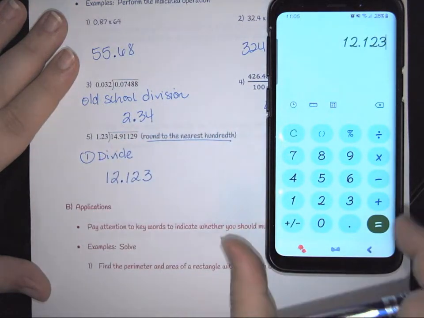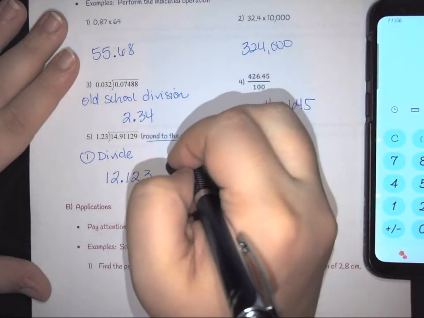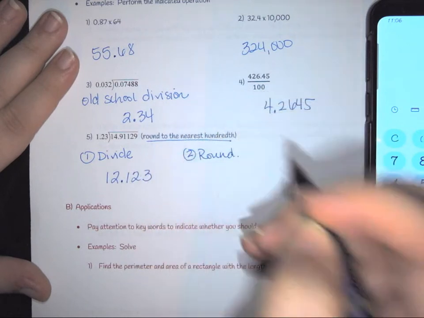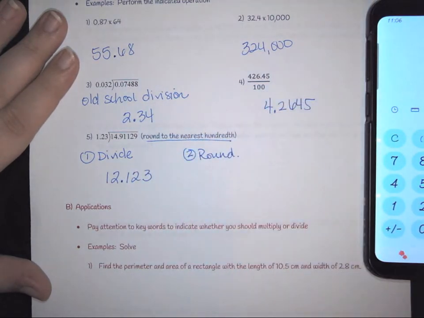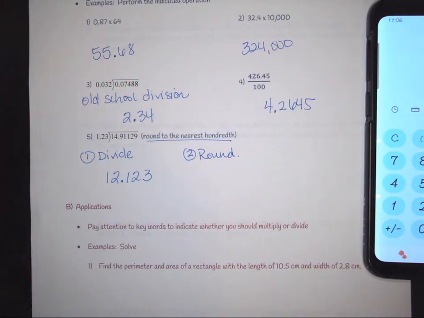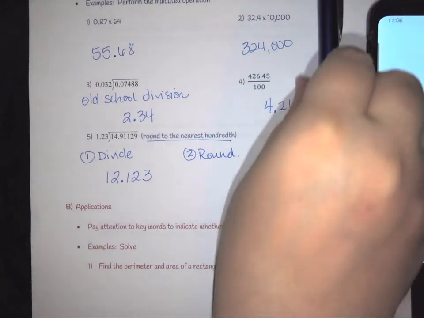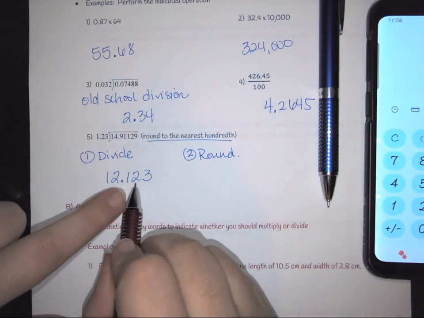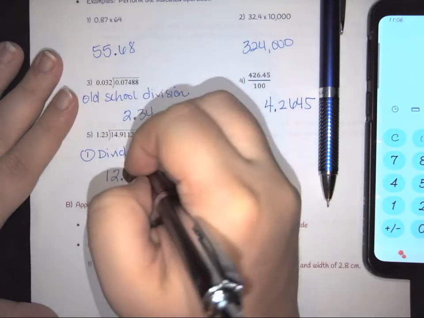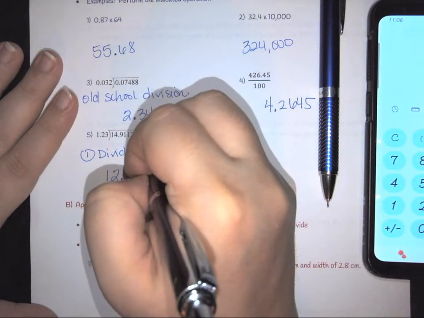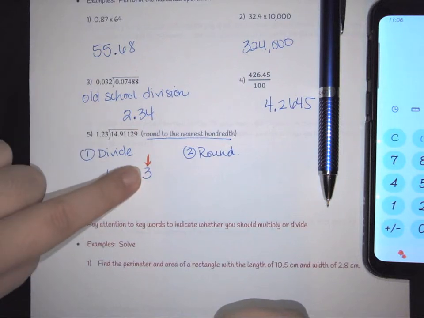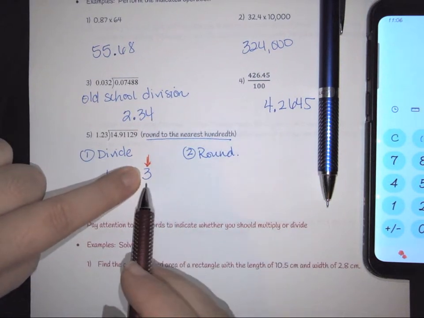12.123. After you divide, your second step is to round. And in this case, we want the hundredths. If you remember, hundredths is going to be the second spot. When we round, we go to the spot that we want. So we want the hundredth spot here, which means I have to look at the spot directly to the right of it, and ask myself, is that number 5 or greater?